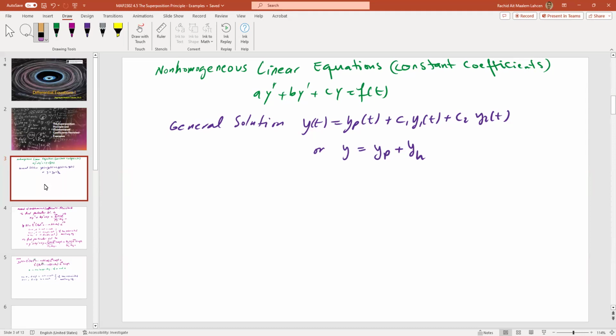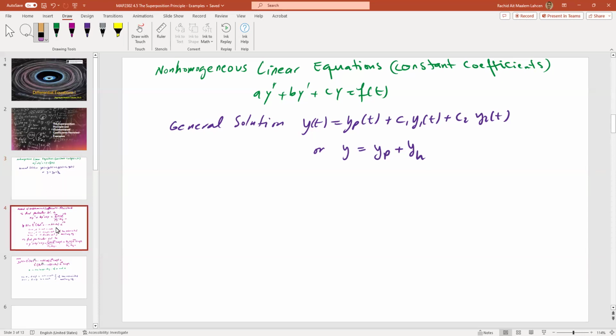Of course, the other idea is a general solution can be built by having a particular solution based on the non-homogeneity f of t, and adding to it the general solution to the homogeneous differential equation that is associated with this differential equation.